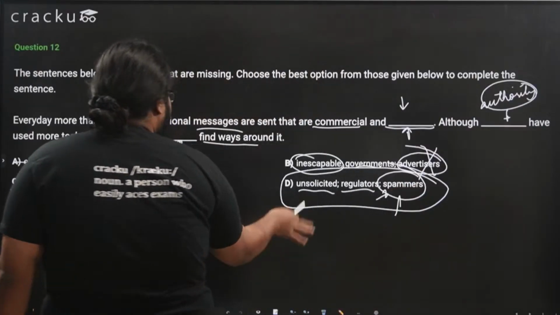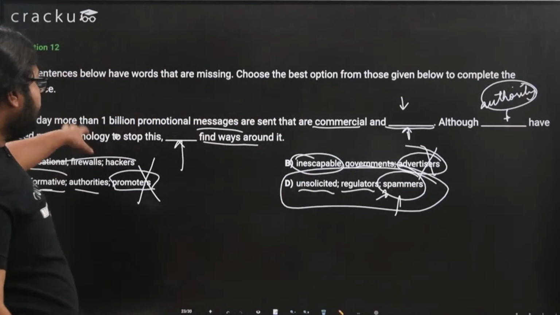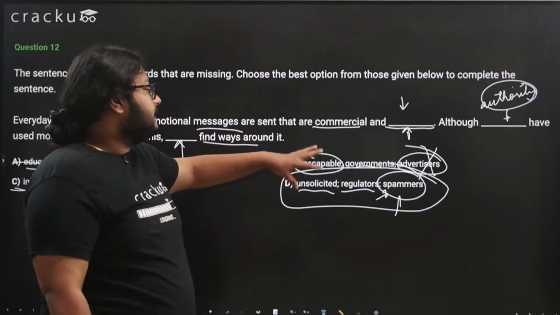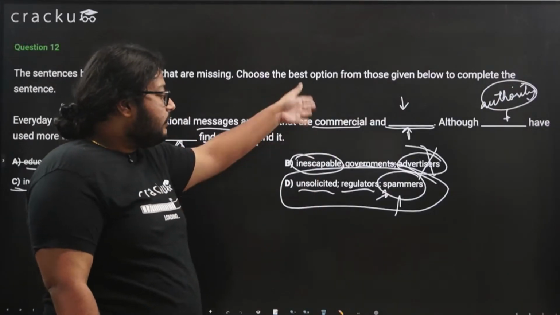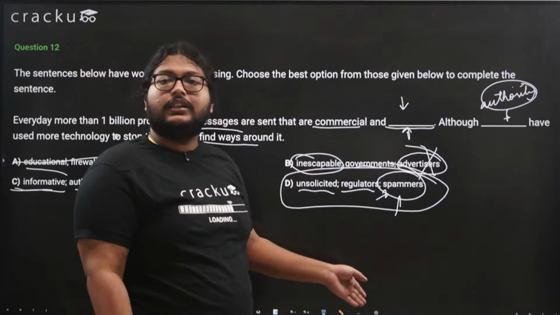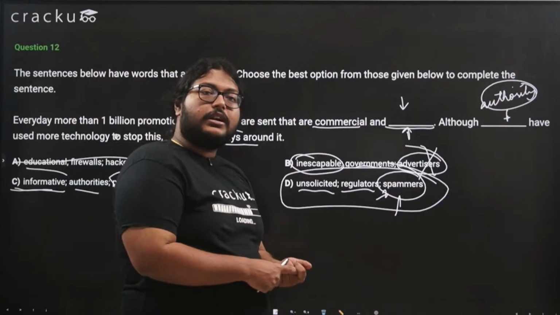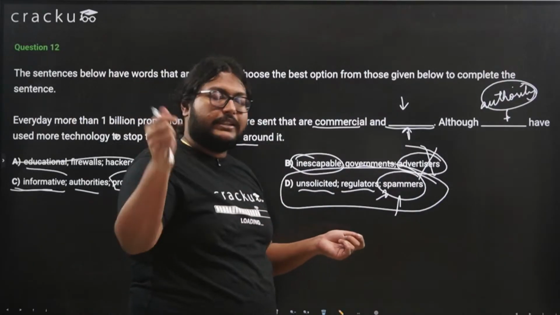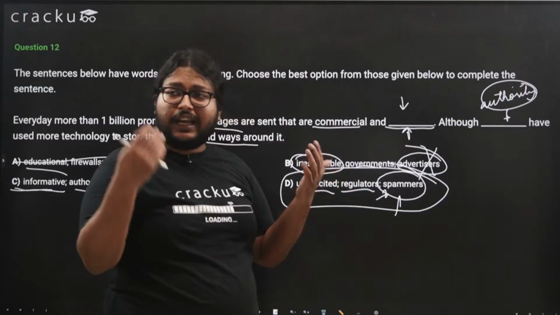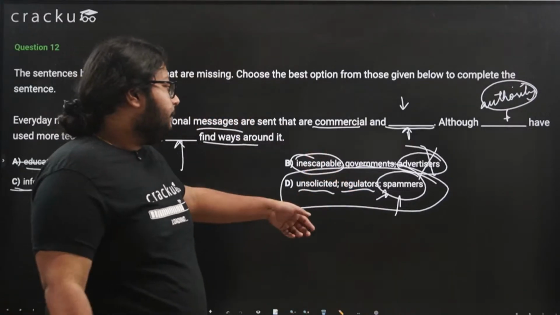Let's read through the sentence with option D again. Every day, more than 1 billion promotional messages are sent that are commercial and unsolicited. Makes sense. Something which is commercial, unsolicited, I did not agree to this.